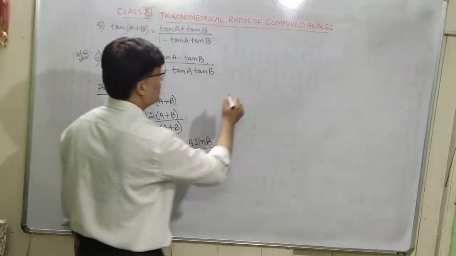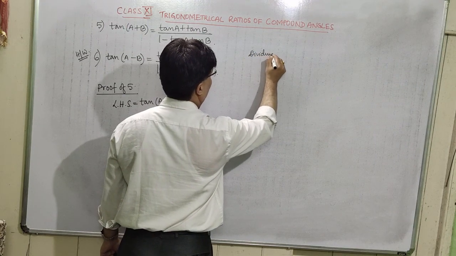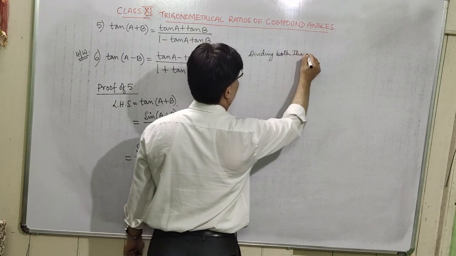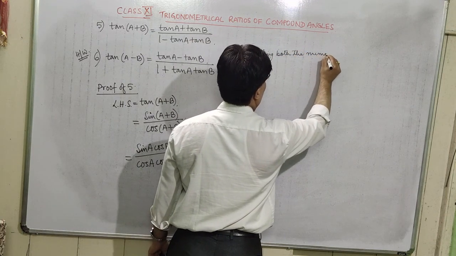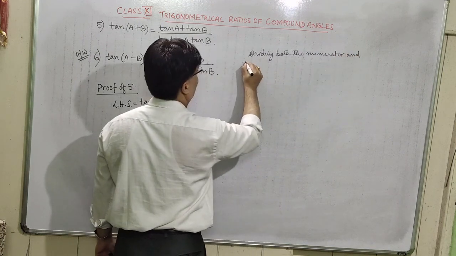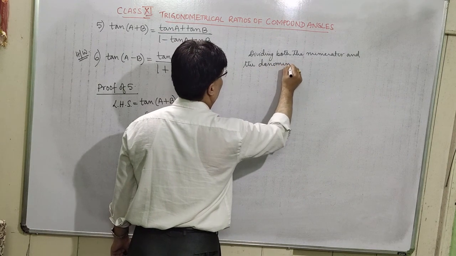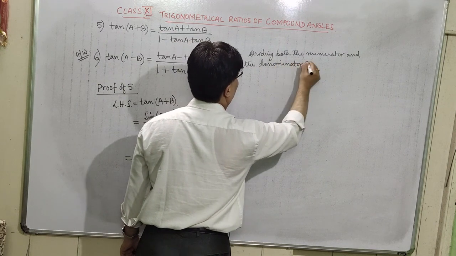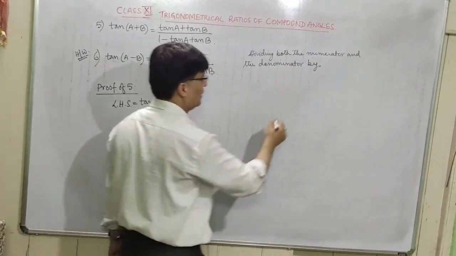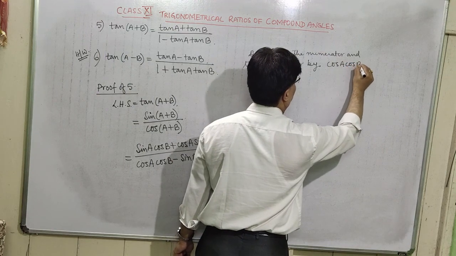So here let us write: dividing both the numerator and the denominator by which term? Cos A cos B.